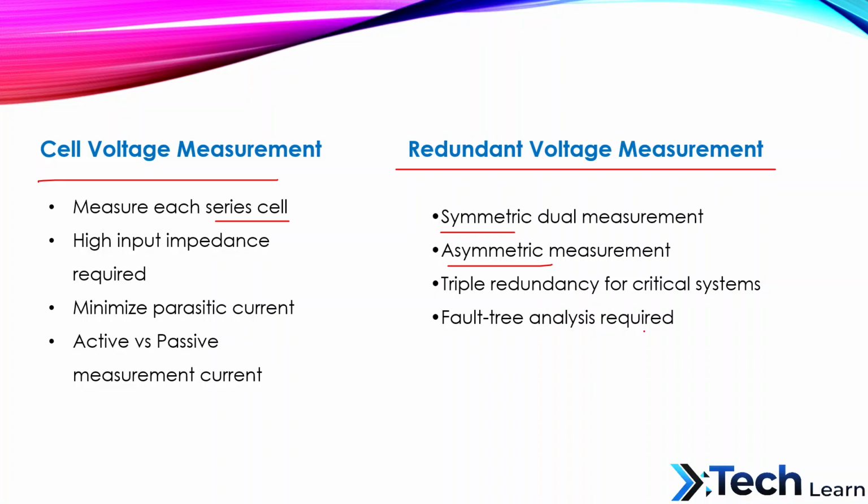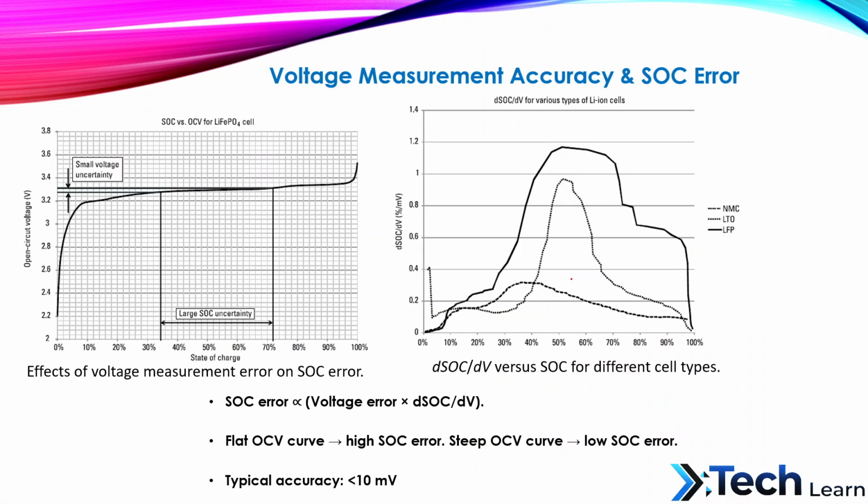Now we are going to see measurement accuracy and SOC error. SOC estimation error depends mainly on two factors. First, voltage measurement error. Second, the slope of the SOC versus open circuit voltage curve. Mathematically, SOC error is proportional to the voltage error multiplied by dSOC/dV.